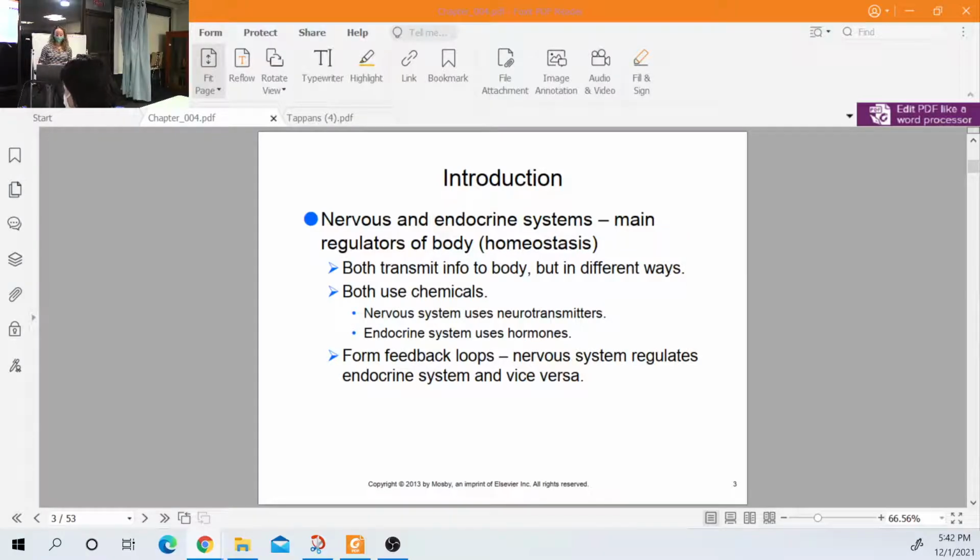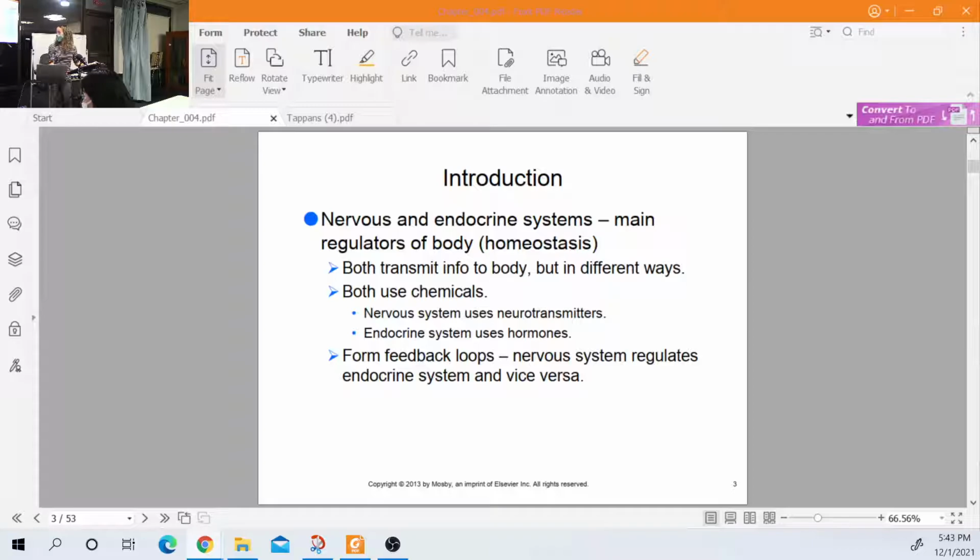So the hormone is the same thing as the chemical, and it depends on what system's using it whether it's called a chemical, a neurotransmitter, or a hormone. If it's the endocrine system using it, it'll be called a hormone. If the nervous system is using the same chemical, it's now called a neurotransmitter.